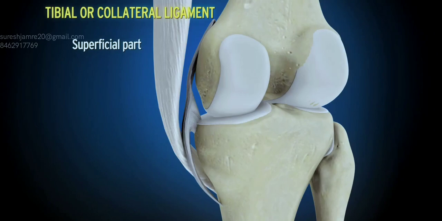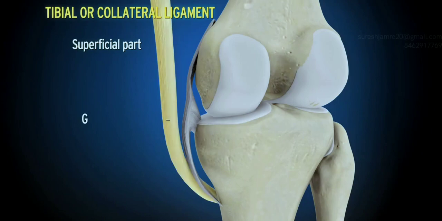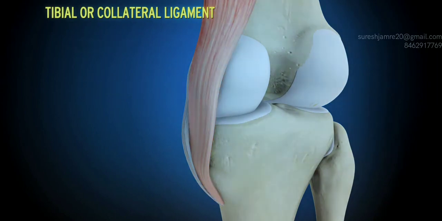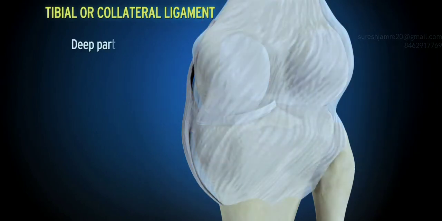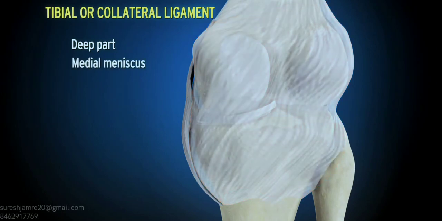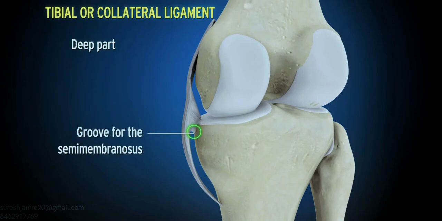It is crossed by tendons of the sartorius, gracilis, and semitendinosus. Deep part blends with the capsule, medial meniscus, and inserts into the groove for semimembranosus.